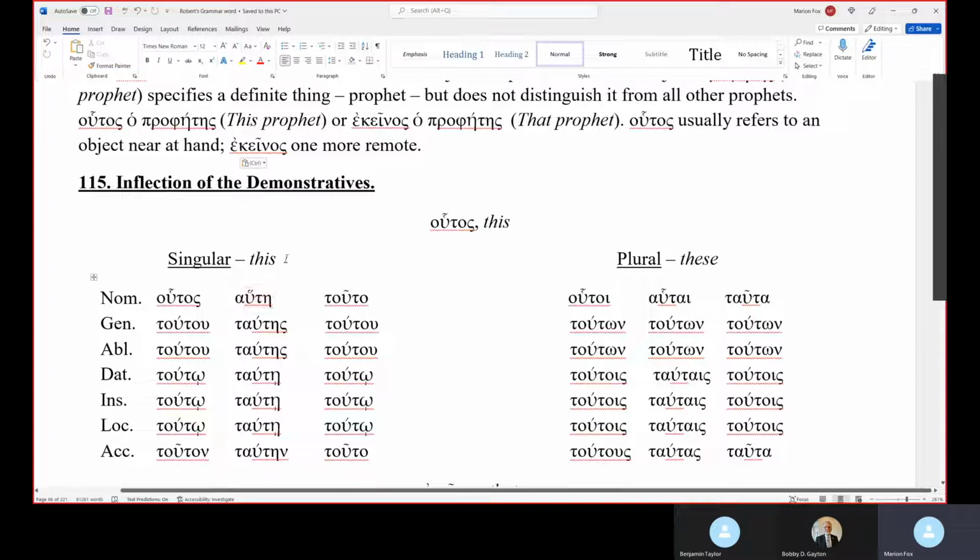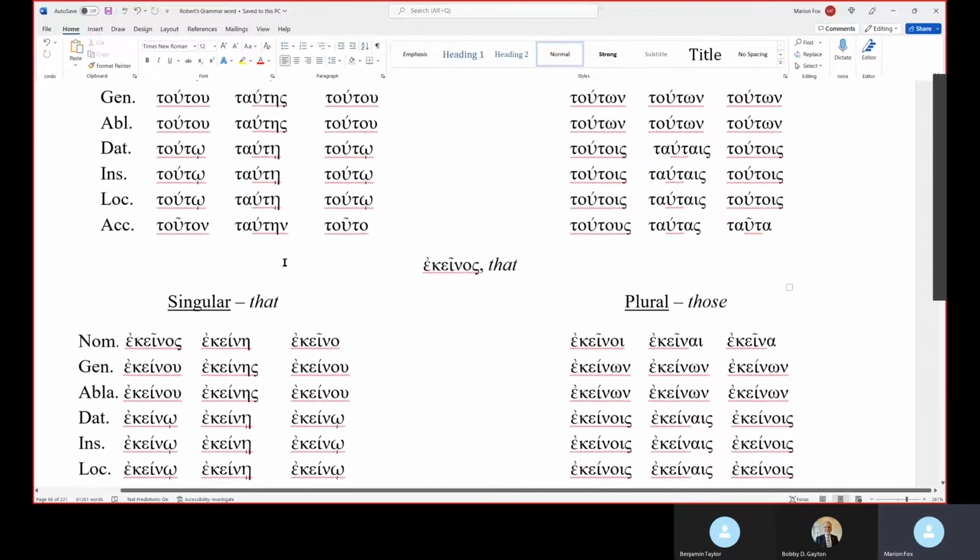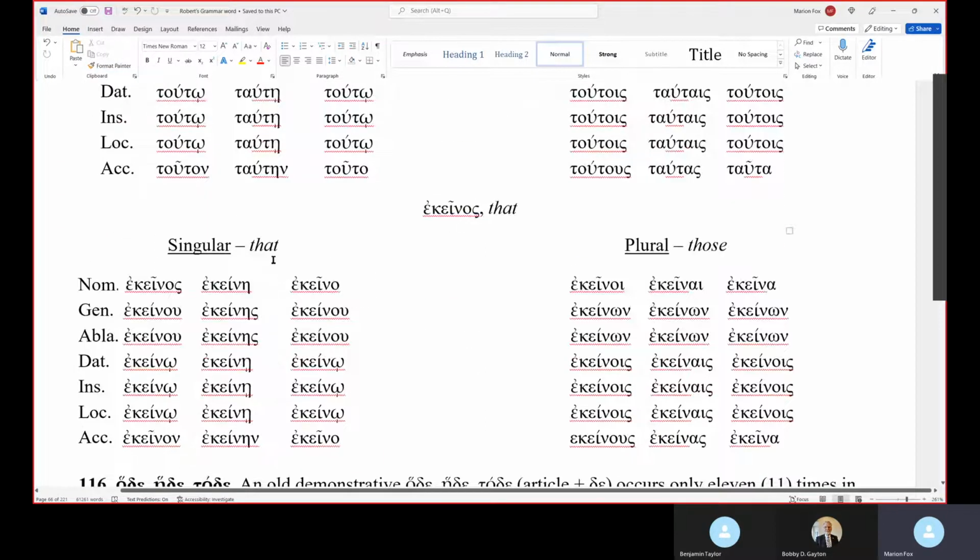The reason they did is because it has gender, and ekeinos has gender, just like this. Ekeinos is the distant object, and so some of the modern speech translations are not honest in their translation. They have an axe to grind there.